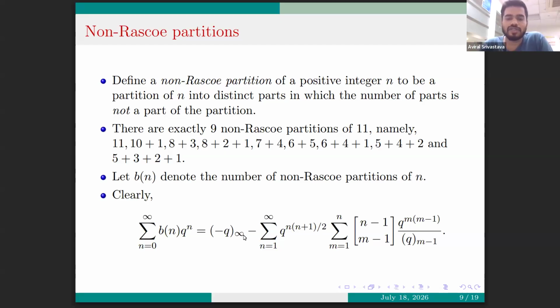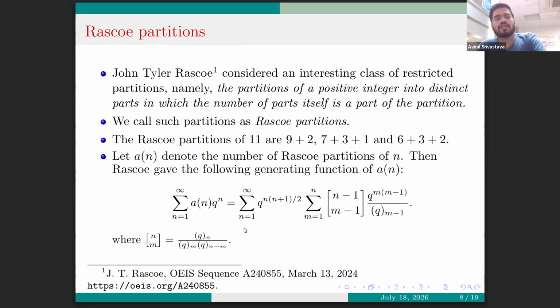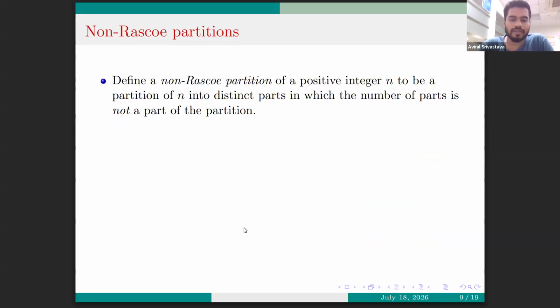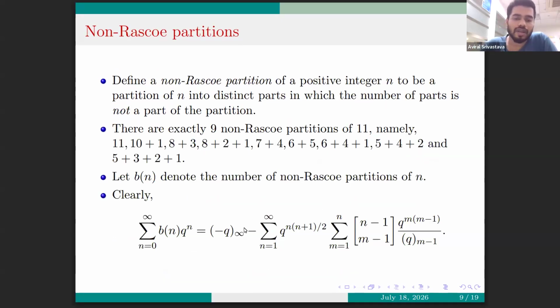And the other summation is essentially the generating function of Rascoe partitions. So it is very trivial that if I subtract all Rascoe partitions from the set of all partitions into distinct parts, we will obviously get the non-Rascoe partitions. This is a trivial generating function. We will give one more generating function.